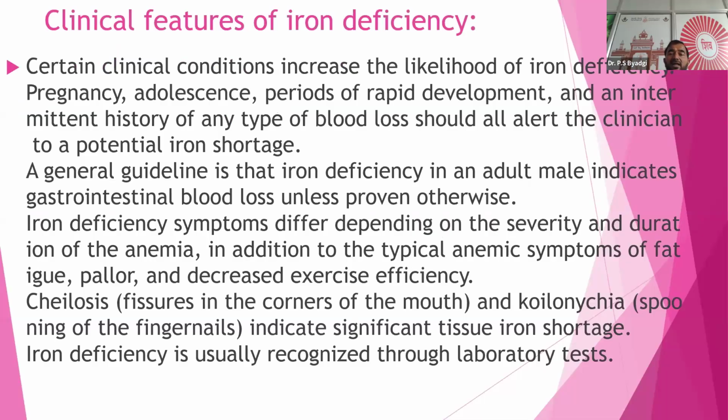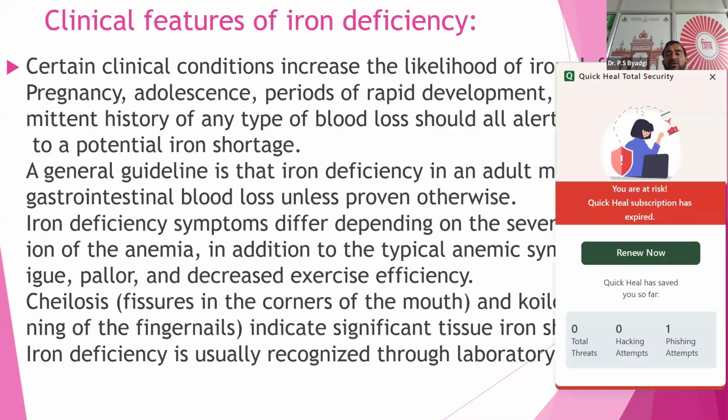The general guideline is that in the adult male, gastrointestinal blood loss should be suspected unless proven otherwise, because iron deficiency anemia in the adult male may be due to peptic ulcer disease. That blood loss is developed through the gastrointestinal tract.